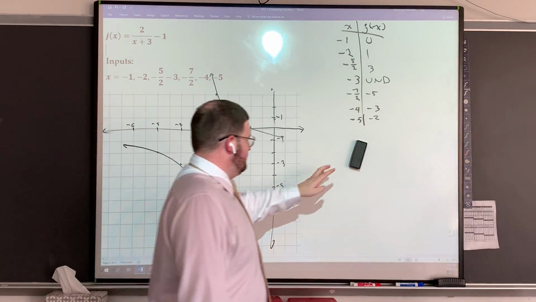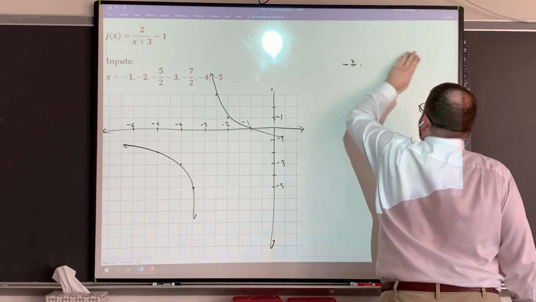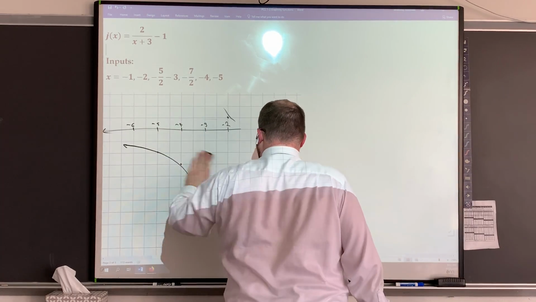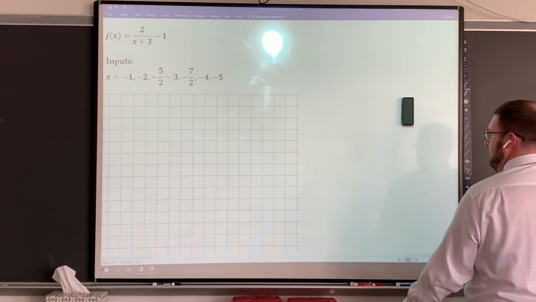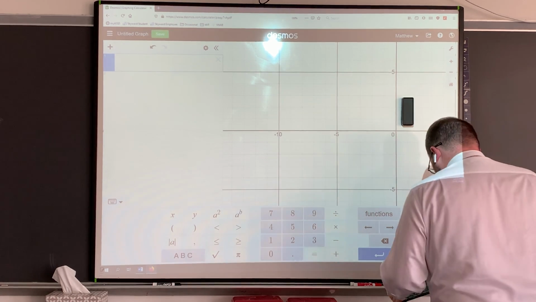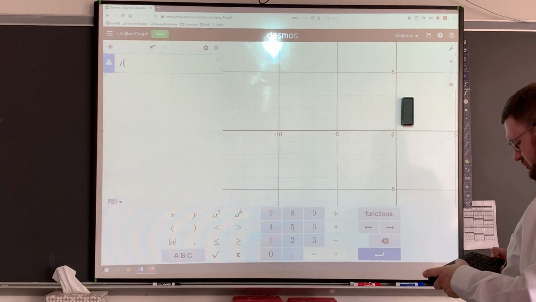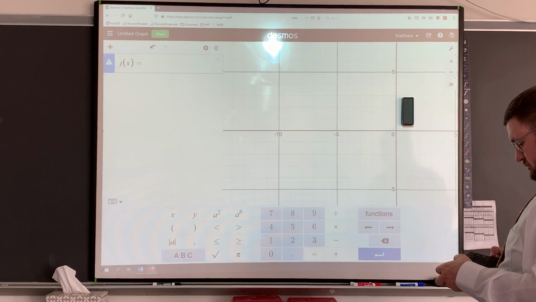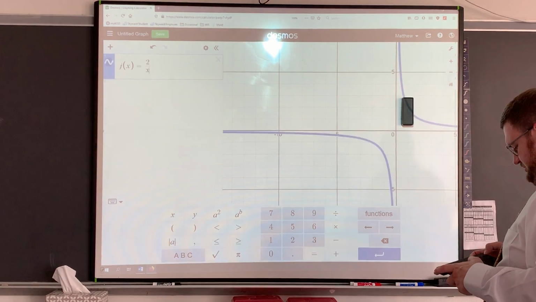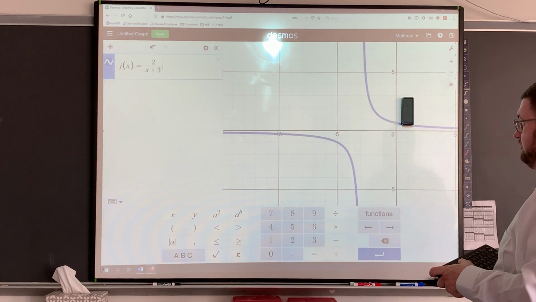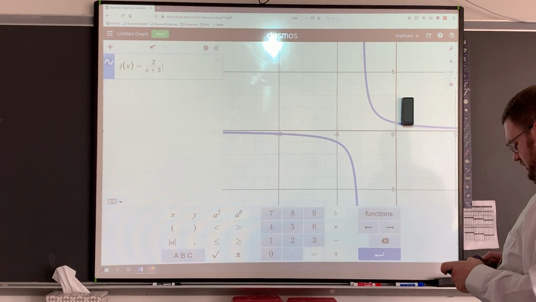I'm going to graph it in Desmos. J of x equals 2 over, remember the fraction is done by the slash button, x plus 3 and -1.